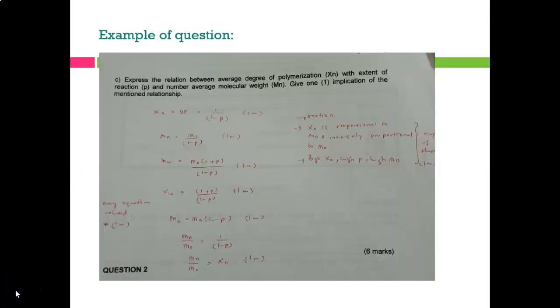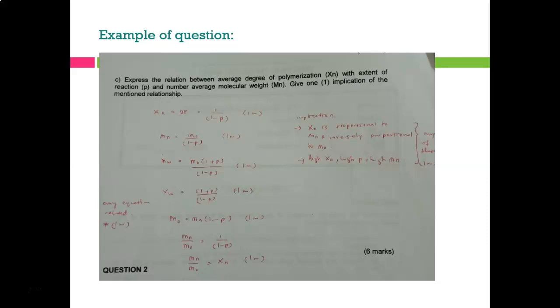This one is an example of a question asked in the final exam. Express the relation between the average degree of polymerization, which is Xn, with the extent of the reaction given by p, and the number average molecular weight Mn, and give one implication of the mentioned relationship. First of all, you need to come out with the formula, where Xn is always equal to DP, which is 1 over 1 minus p.